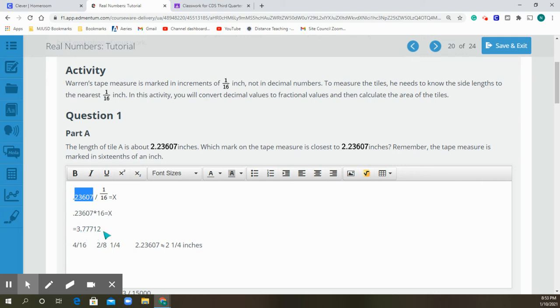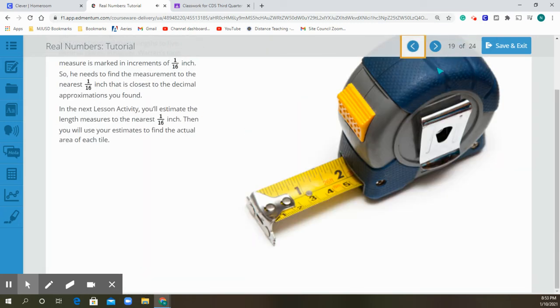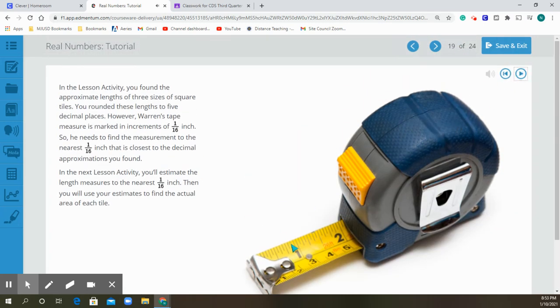In this case, there are 3.77712 sixteenths. I can't measure 1, 2, 3.77 sixteenths, not quite 4 sixteenths. I can do 1, 2, 3, but I can't measure 0.77 right here. That's 77. So I just round up to 4.